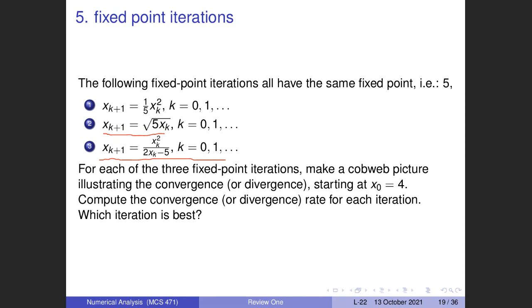I'm sorry, it's not the square root of 5. The fixed point is actually 5. You can recognize this here very clearly with 5 times 5, which is 25, so you will have the left 25. So which iterations will be best?